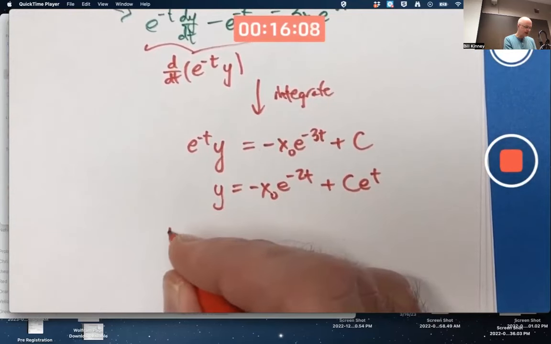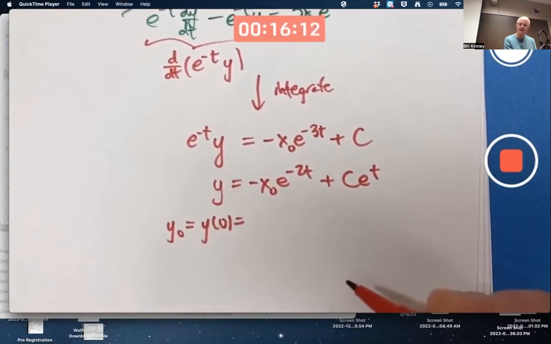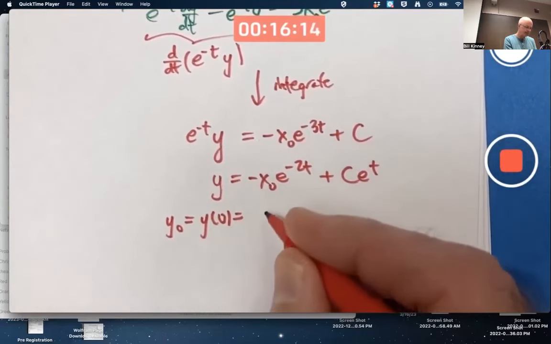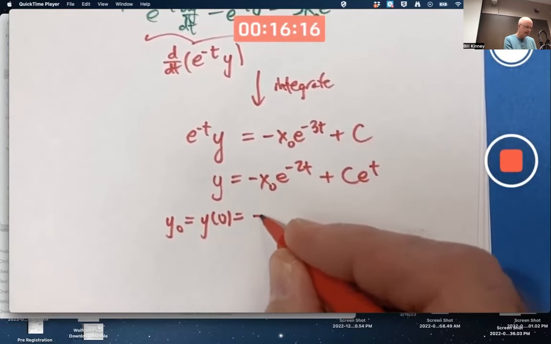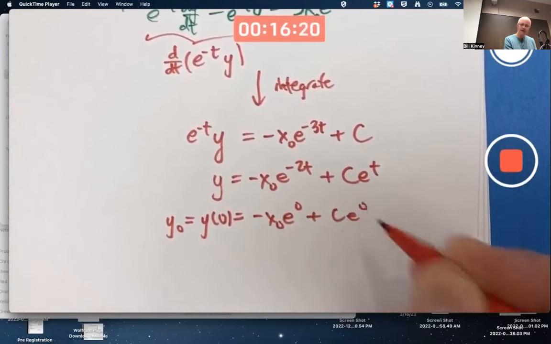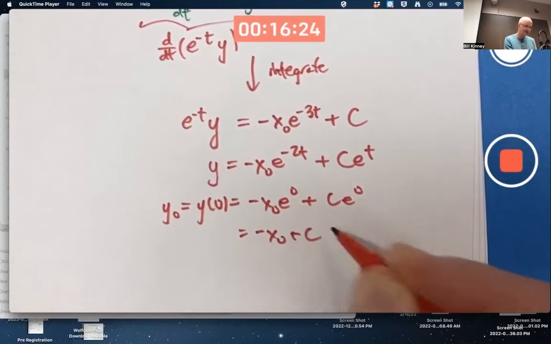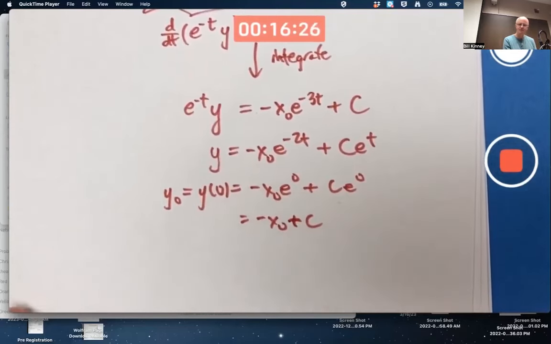Now let's take our generic but fixed initial condition y naught equals y of 0 and solve for this c. Plug in t equals 0. We get -x naught plus c. That is going to equal y naught.